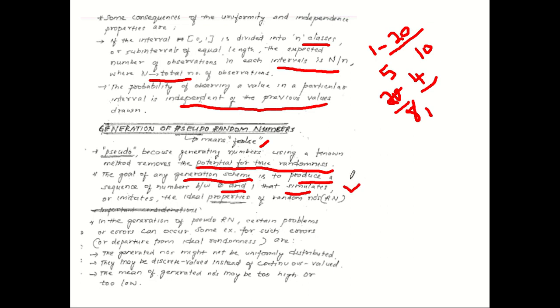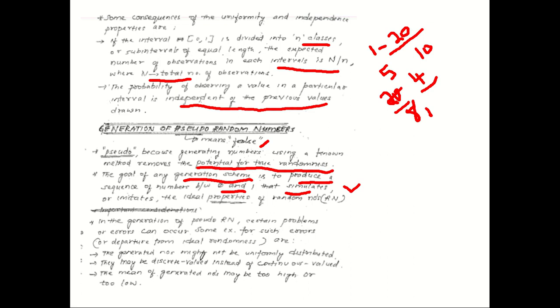Okay, so next we will discuss some of the general problems, some of the certain problems or errors that can occur during generation of random numbers. The following are different types of errors which occur during random number generator techniques.